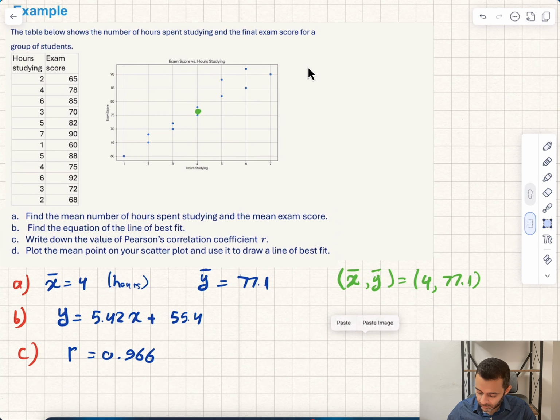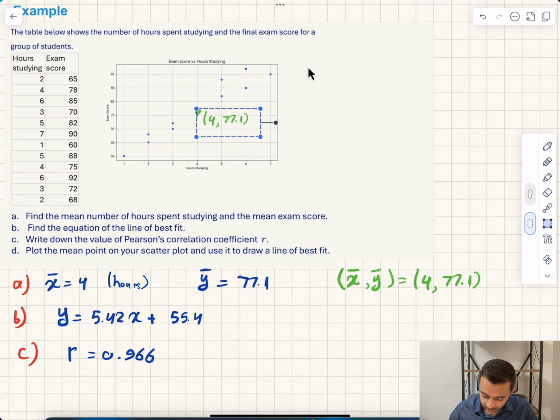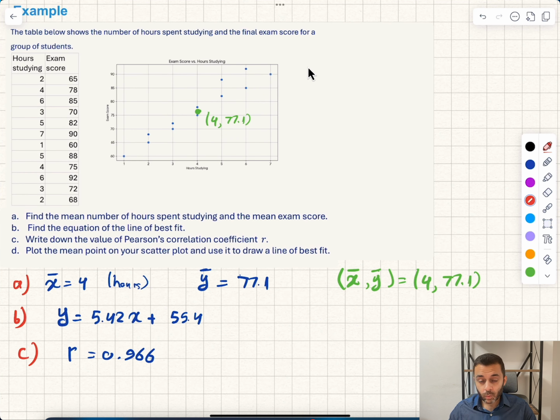So now here is the point. Now, why did they tell us plot the mean point? Because you need to keep in mind that always any regression line must pass through the mean point. So now when we draw the line, we need to keep in mind that also the y-intercept is 55.4.